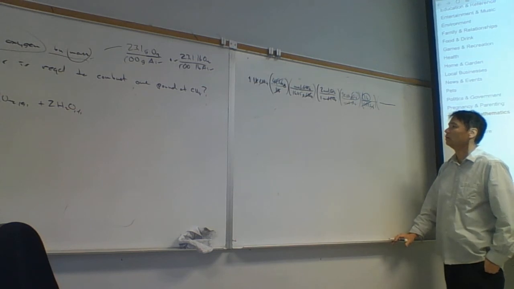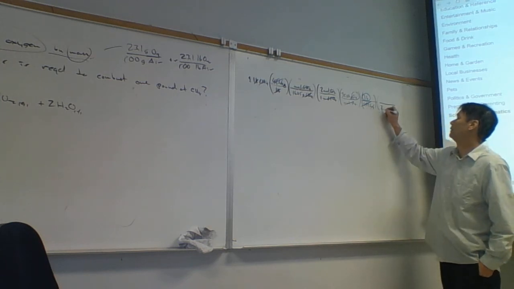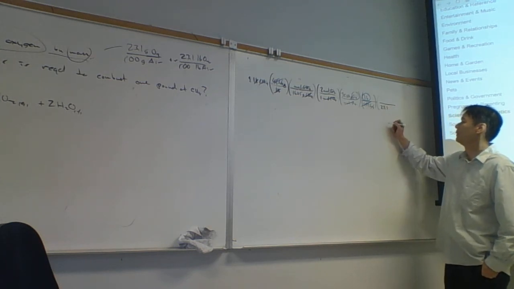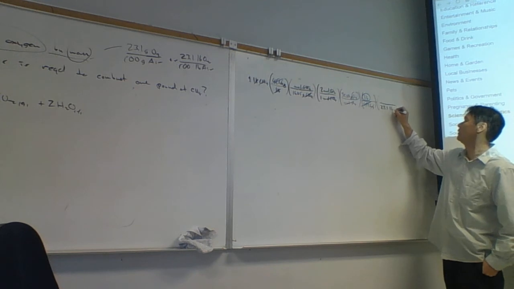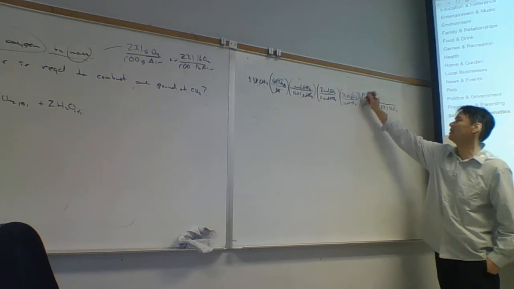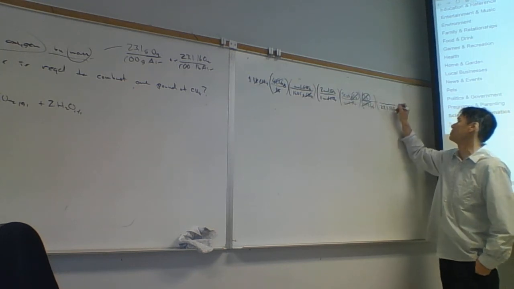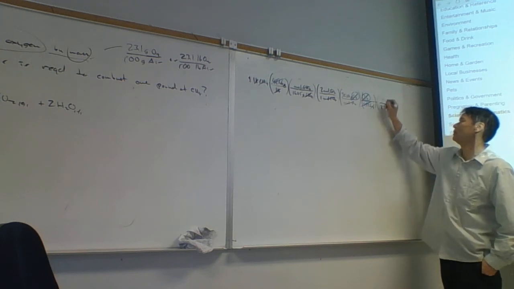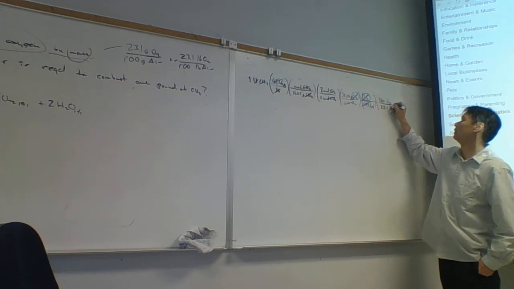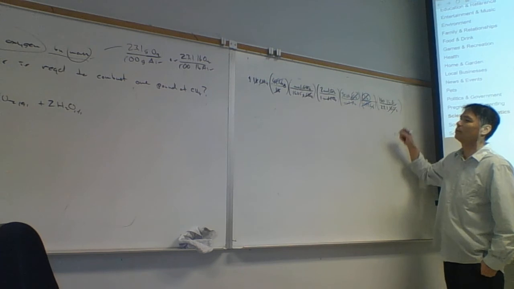The denominator is 100 pounds. So the next one would be 23.1 in the numerator, and the denominator is 100. It's going to be 23.1 pounds of oxygen, because we need to get rid of pounds of oxygen and replace it with 100 pounds of air. Okay, now we're done.